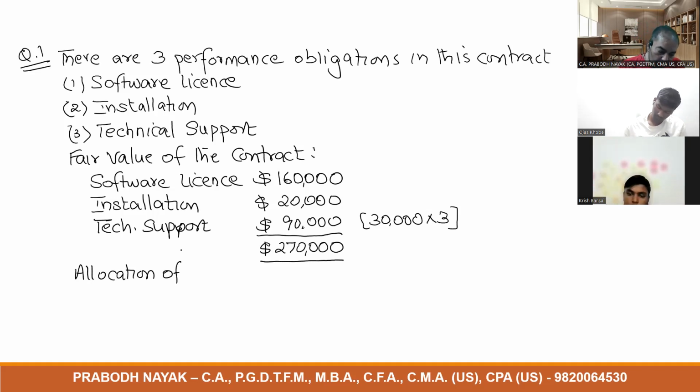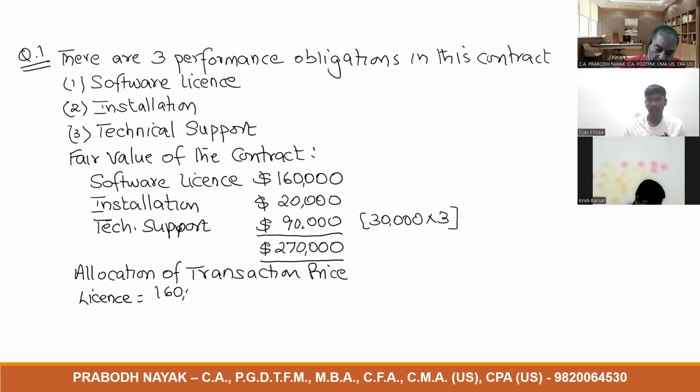Allocation of transaction price is going to be in the ratio now. What will be the ratio for license? It will be 1,60,000 divided by 2,70,000 into the total contract price of 2,50,000.